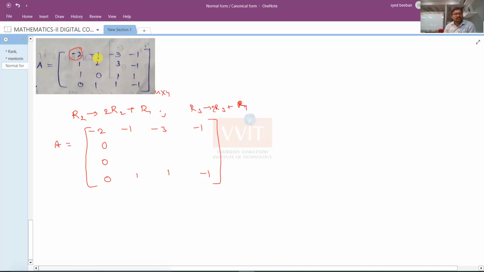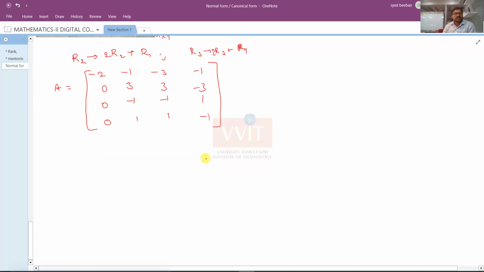So 2 2s are 4, 4 plus 1 is 3, 3 2s are 6, 6 minus 3 is 3, -2 minus 1 will be -3, and here 0 minus 1 is -1, here 2 minus 3 will be -1, here 2 minus 1 will be +1. So at the end of the first operation, I may get this. Again, I am supposed to check with the same.